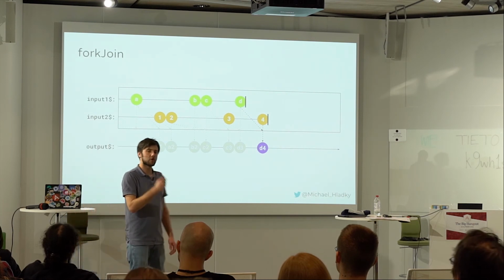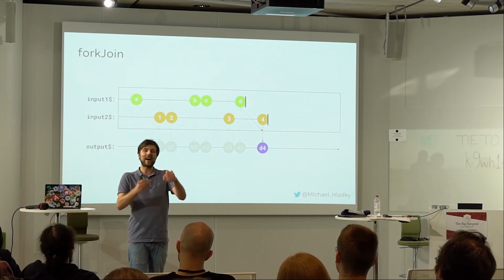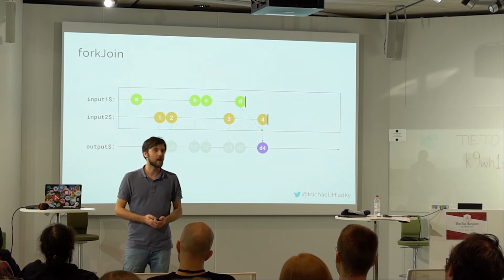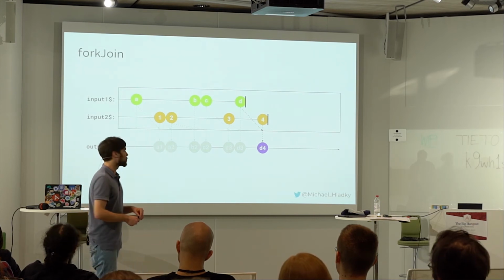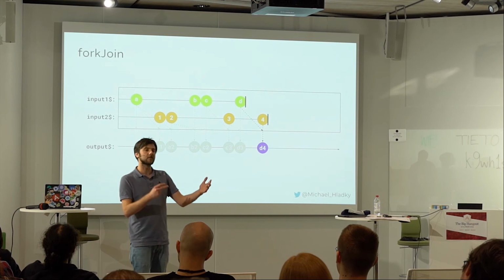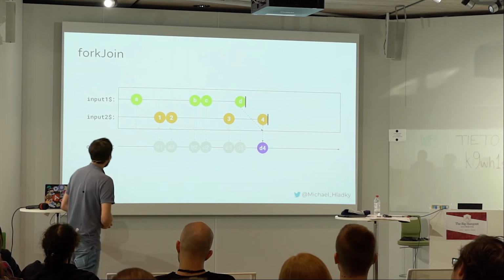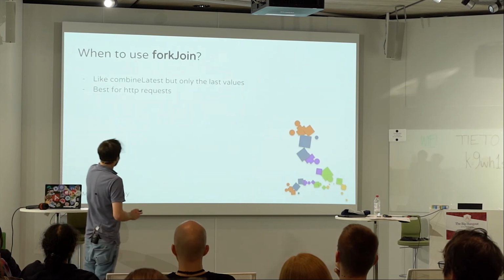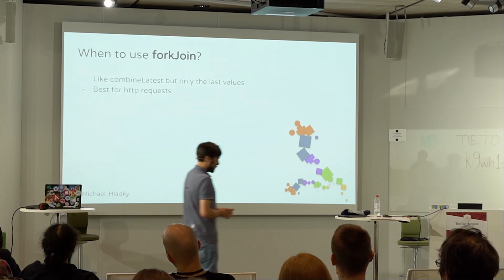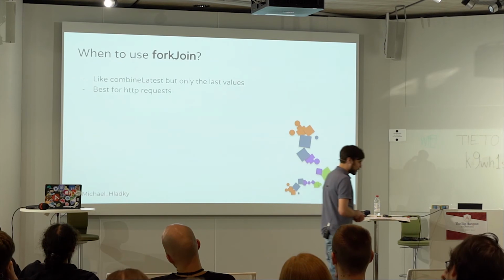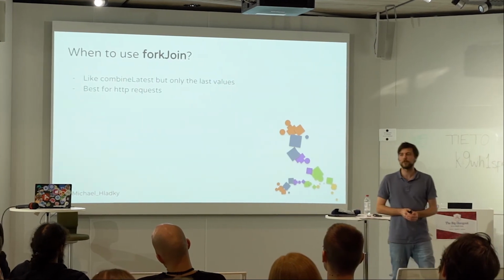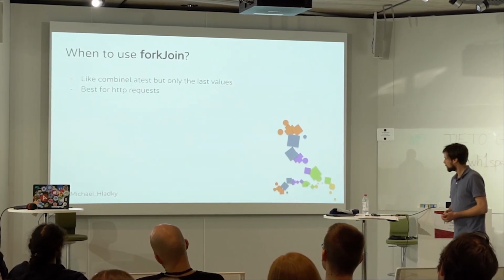So fork join focuses on the last emitted group. This works very well for HTTP requests. Combine latest would work very well for WebSockets. As I said, fork join is, I guess, best for HTTP requests because it will not work for WebSockets.